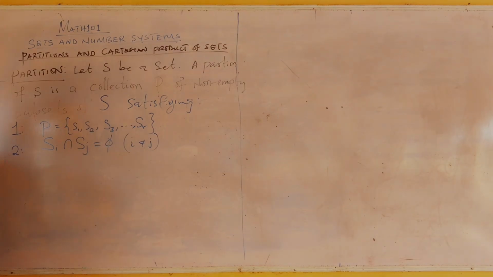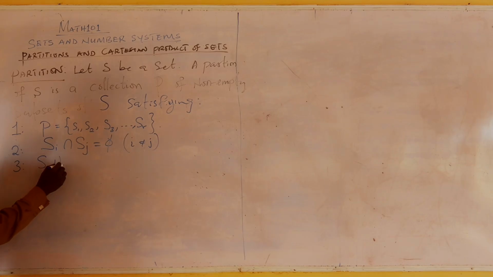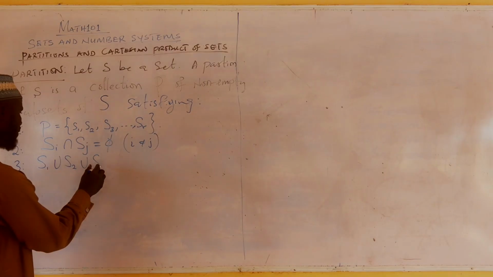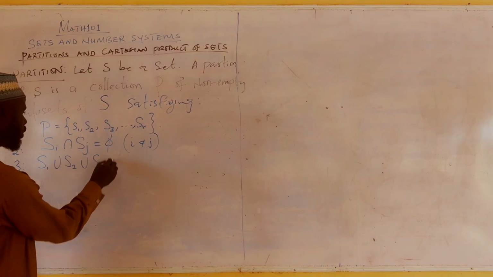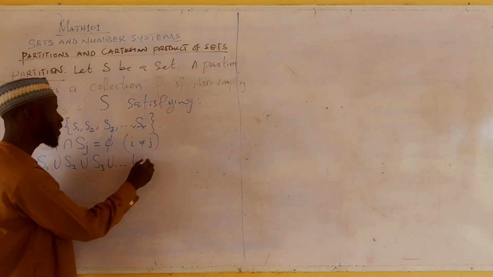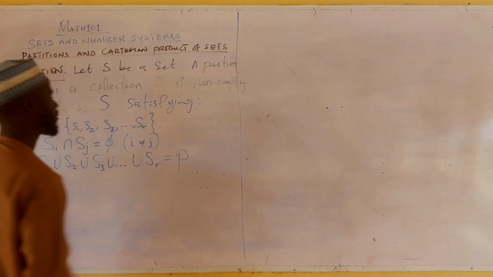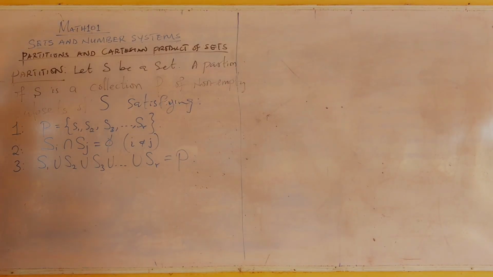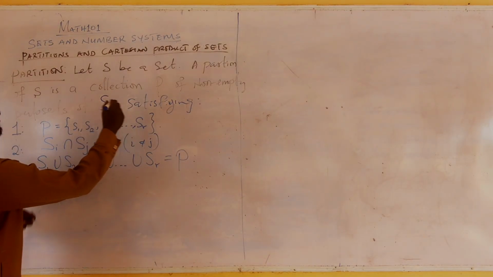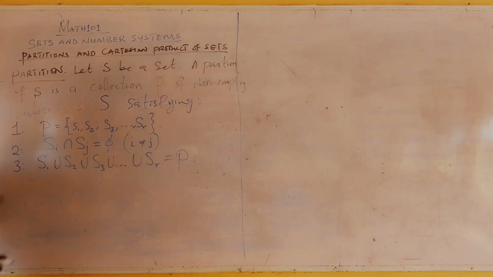And the union of S1 union S2 union S3, the union of all the sets up to SR, is equal to S. Remember we said non-empty subsets, so each Si is non-empty.